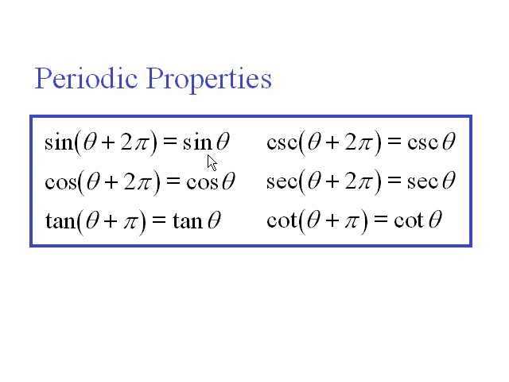The sine function is the same for theta as it is for theta plus 2 pi. Cosine's the same for theta as it is for theta plus 2 pi. These first two rows of the table say, yes, it works for sine and cosine, and it also works for their reciprocals. Notice that tangent has a period a little bit smaller. Instead of 2 pi, tangent's period is pi.